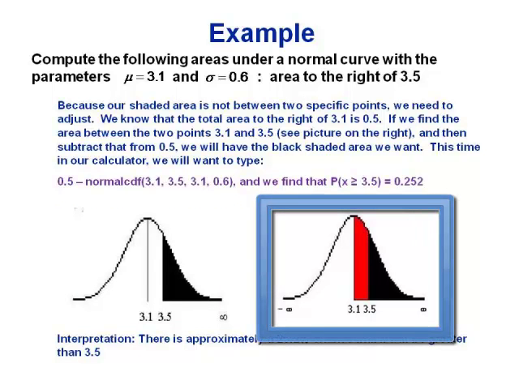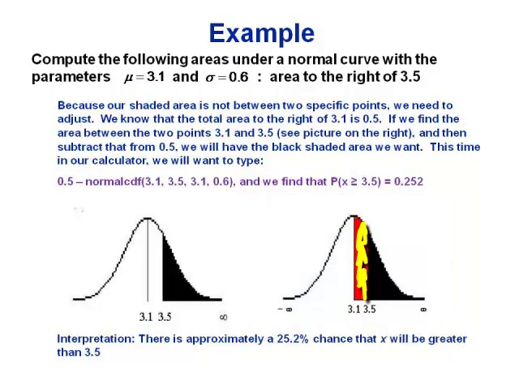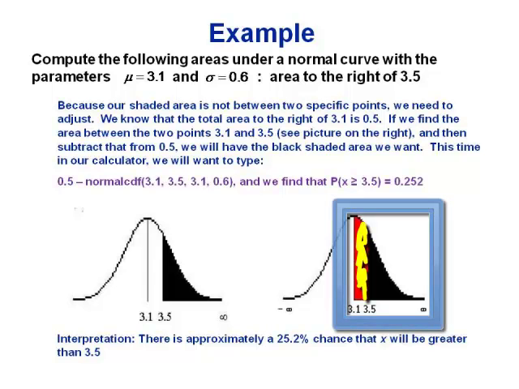I know that that would be 0.5, but then I need to subtract that red part out to leave me with the black shaded part that I need. So I'm going to use normal CDF to find the area of the red portion, because that portion is between 2 things. And then I can say, I had half, I'm going to subtract out the red portion, and that's going to leave me with the black.